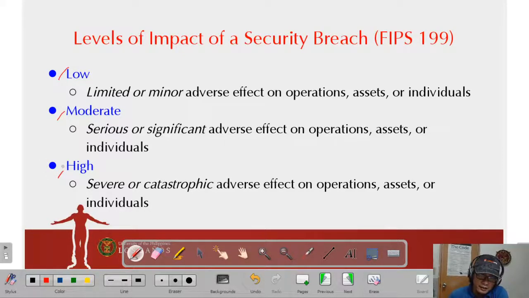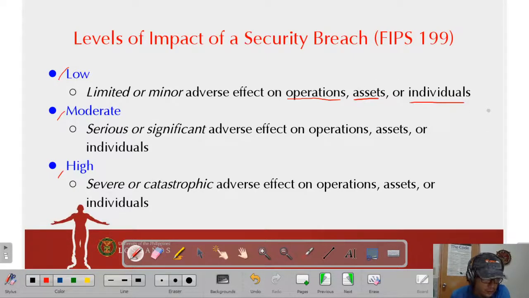Then the last level of impact is the high level of impact. It is a severe or catastrophic adverse effect on the operations, assets, or individuals. So when assessing the level of impact of a security breach, we look at the effects on the operations, on the assets, or the individuals.